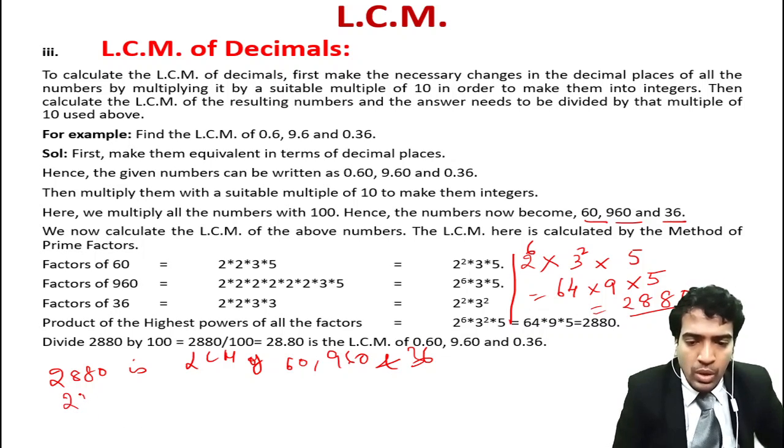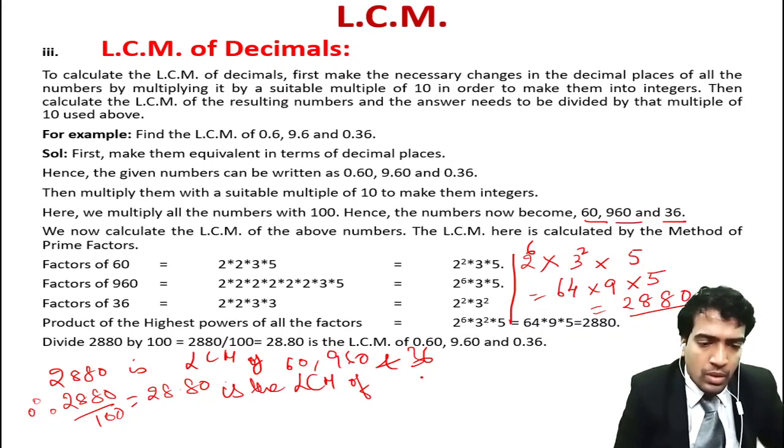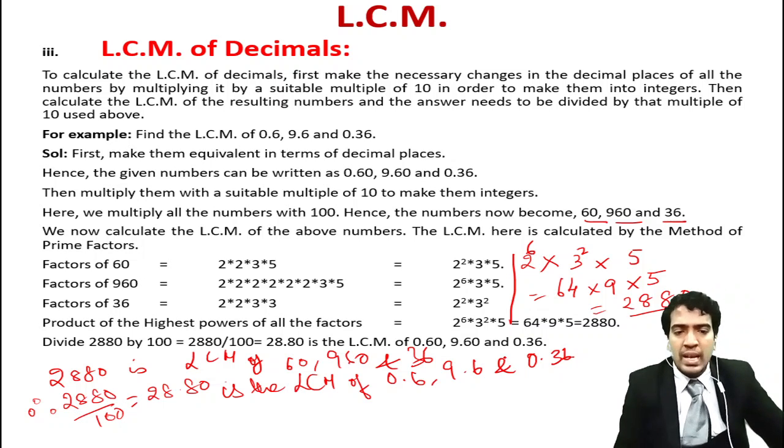Therefore 2880 divided by 100 is equal to 28.80, which is the LCM of 0.6, 9.6 and 0.36. It is as simple as that.